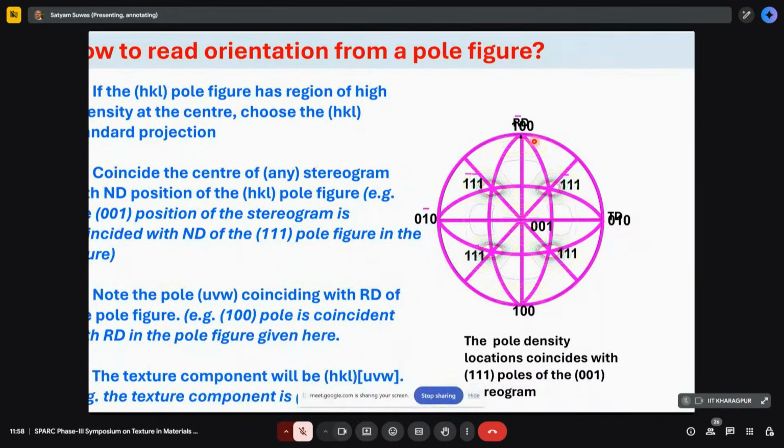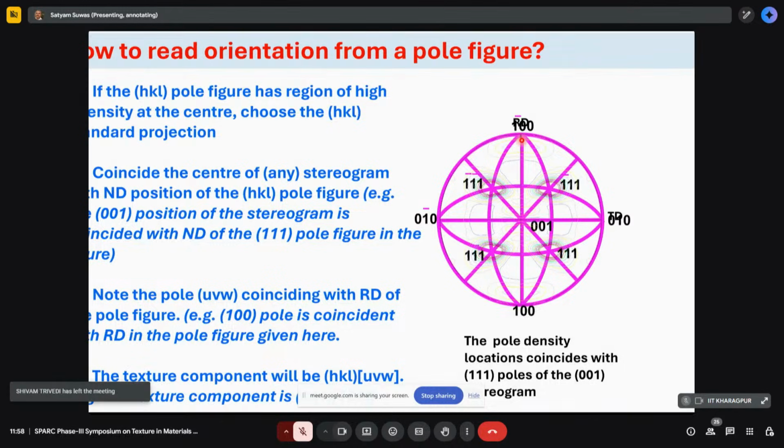But let's consider only the sheet or rolling texture, where the central plane is the plane parallel to the sheet plane. So here 001 is parallel to the sheet plane, and 100 is parallel to the rolling direction. So the texture component is 001, 100, right? So this is one indexing, and this is definitely the simplest possible orientation that I could get for you.